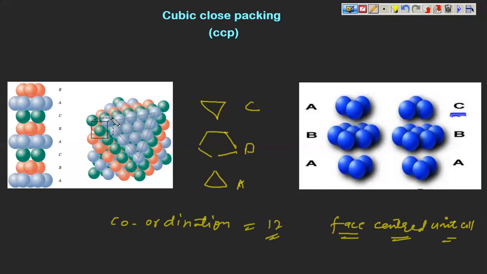These 4 particles are at the corners, and this green particle is at the face. Again this red particle is on the corner, blue and red particle again. So they form a face centered unit cell. Both HCP and CCP form a face centered unit cell.